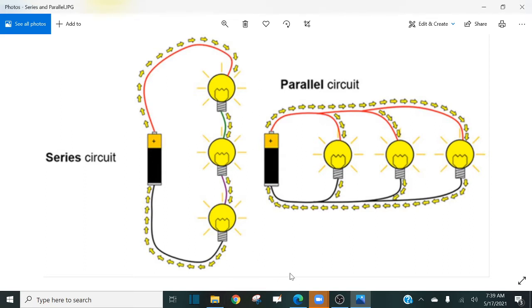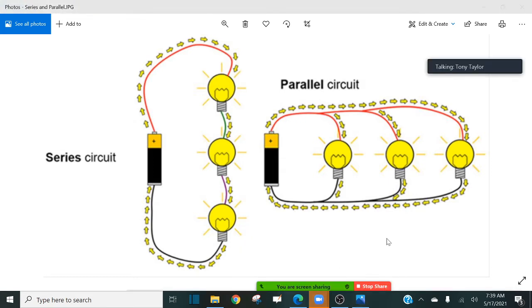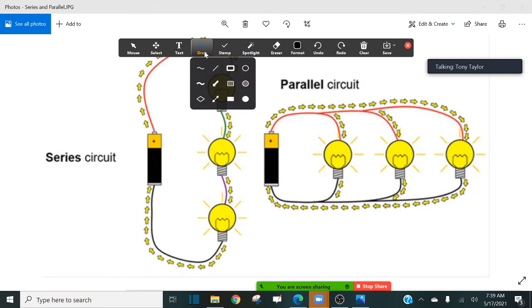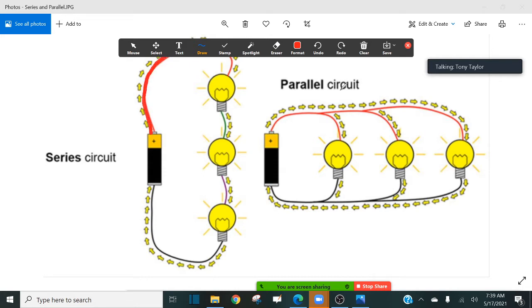I'm going to draw on my screen here. So in a series circuit, the electrons just flow like this. Okay, just only one path. But in a parallel circuit, the electrons flow like this, and by the time we reach this junction here, the electrons can branch off.